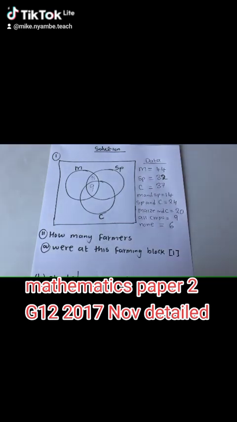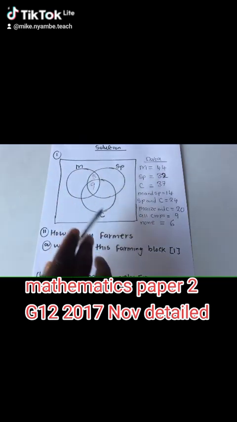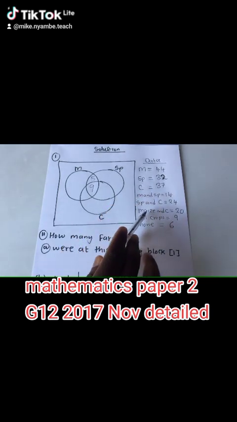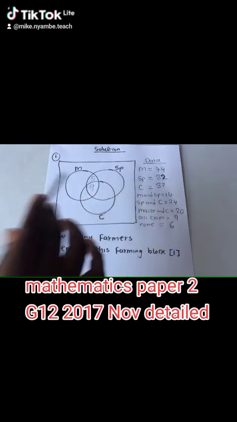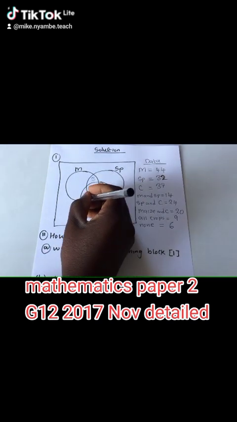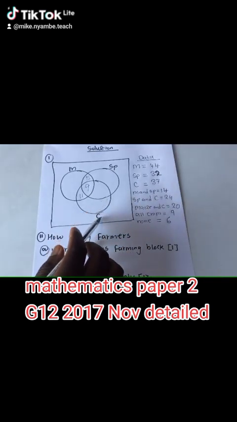The next thing you do, you come to maize and cassava. For maize and cassava, you check. Maize and cassava, it's 20. 20 minus 9. What is 20 minus 9? You get 11. So you put 11 there. Next, sweet potato and cassava.